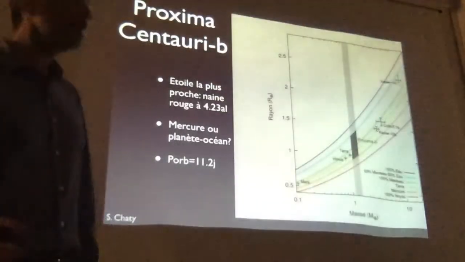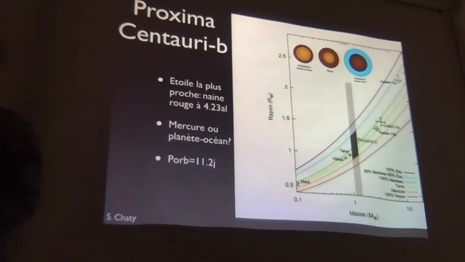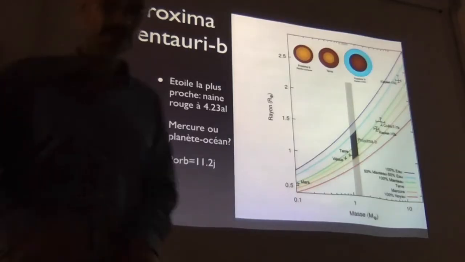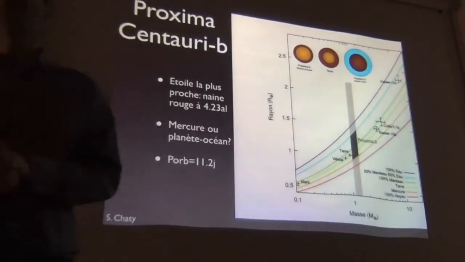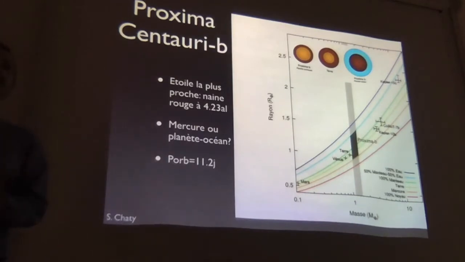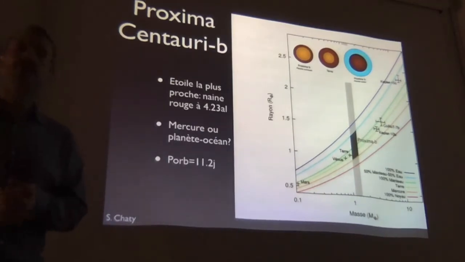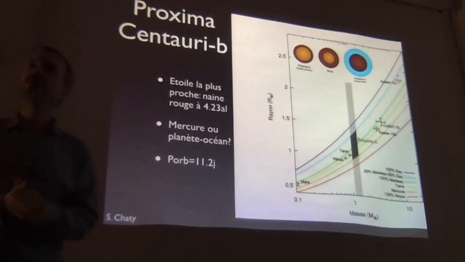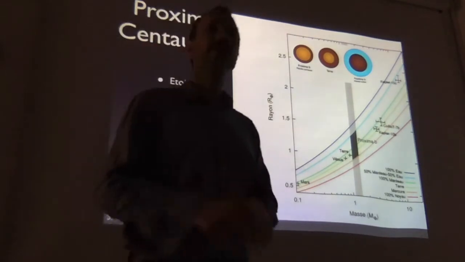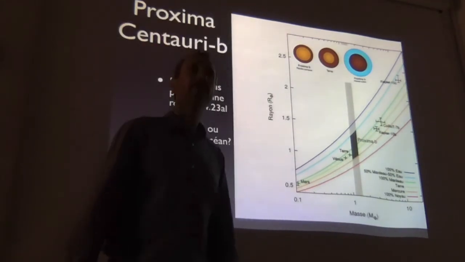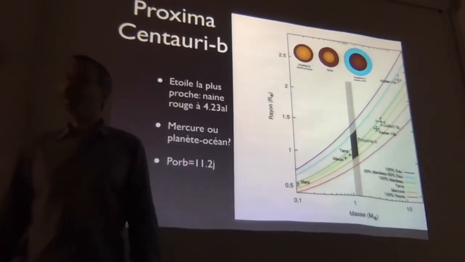Just to insist, this is the closest planet. If you go with the spaceship that we have now, we can reach it in 70,000 years. So it's a lot. But probably you have heard about Breakthrough Starshot. You've heard about this? It's Milner, I think he's called.